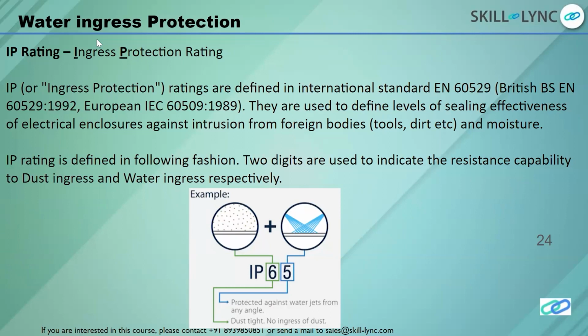The highest rating available for dust ingress protection is 6, where it protects the whole system in an airtight package without any ingress of dust. Similarly, for water ingress we have a level of 9, which is why we mention IP69. IP69 is the highest standard we have for protection from dust and water.